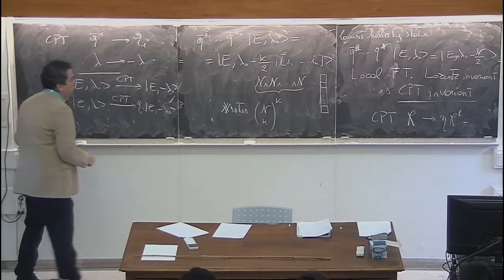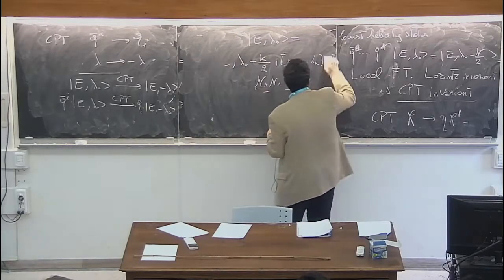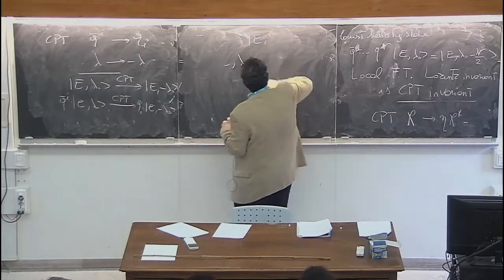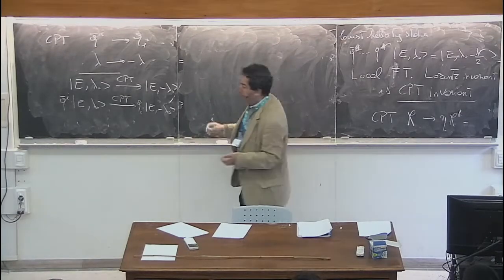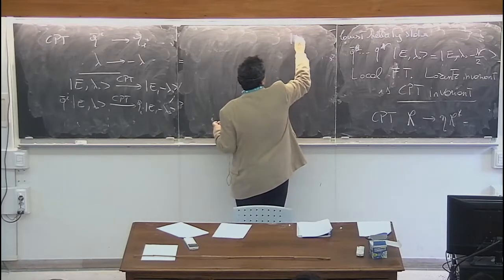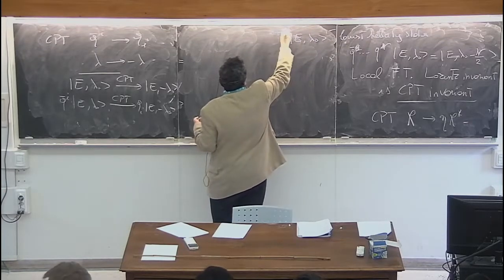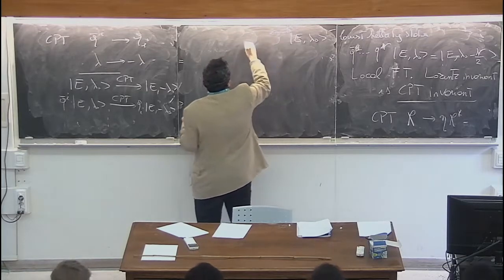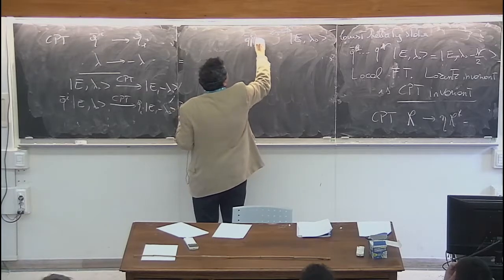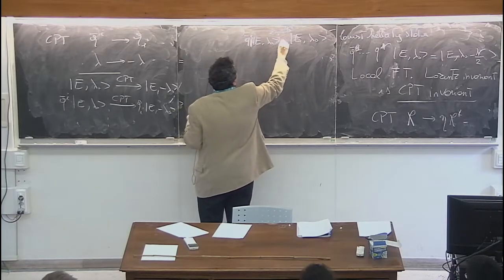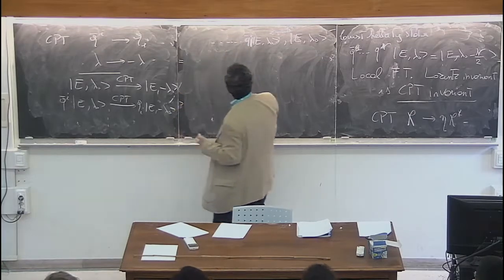So, besides these states which we have just constructed, the CPT theorem tells us that our representation should also accommodate the CPT conjugate. So if we start from E lambda naught, we apply Q bar I, we get Q bar I E lambda naught, and so on.